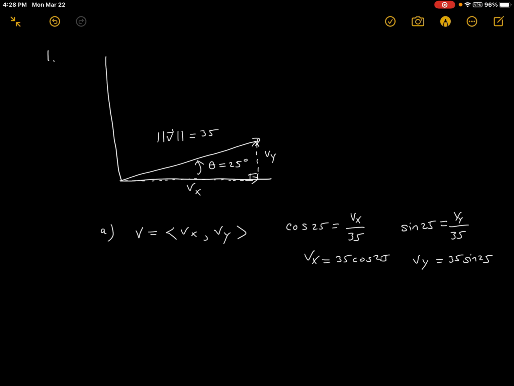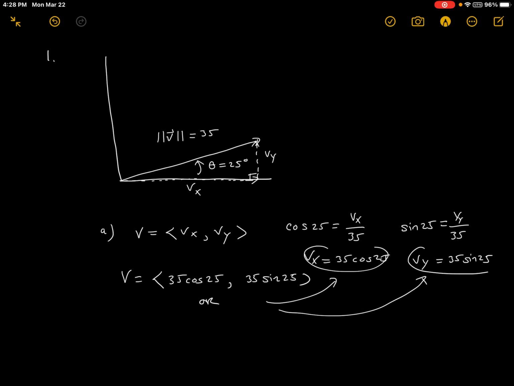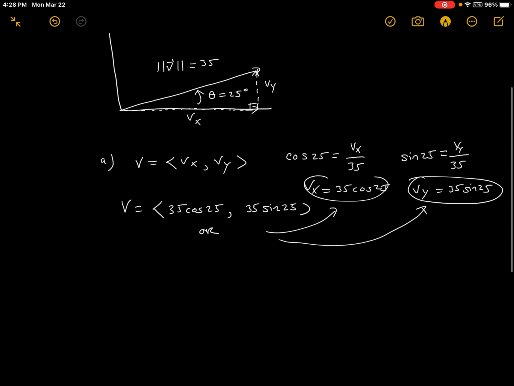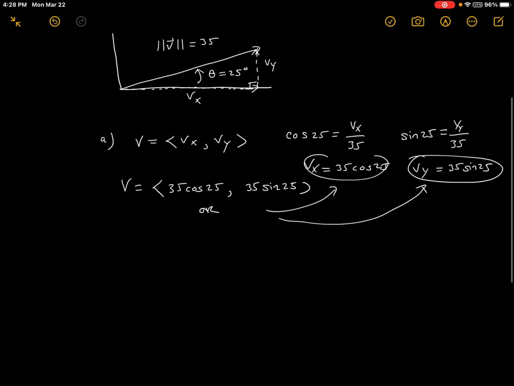Okay, so the vertical and horizontal components are given by this. Vx is 35 cosine 25, and Vy is 35 sine 25. So you could write it like this, or you can say Vx is just equal to this, and Vy is just equal to that. All right, so a little review on horizontal and vertical components.